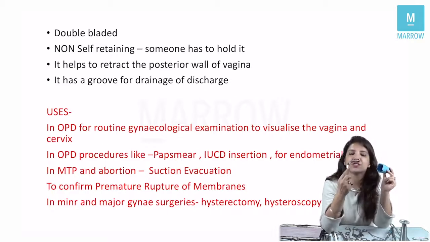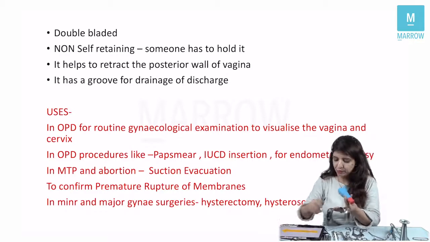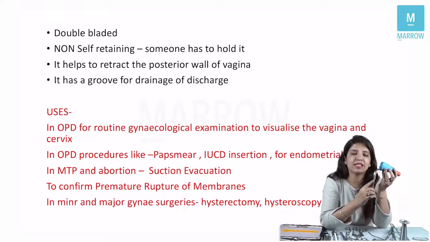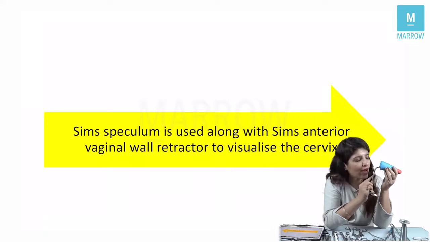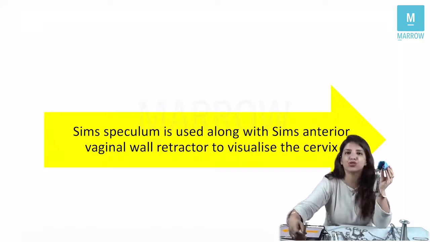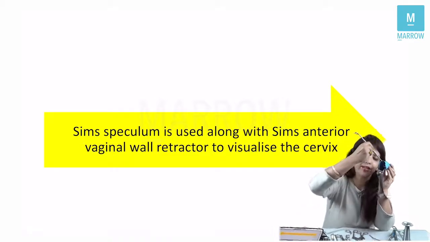So this is a Sims speculum. A Sims speculum should be used in conjunction with a Sims anterior vaginal wall retractor. So if I have retracted the posterior wall, now I need to retract the anterior wall, right?